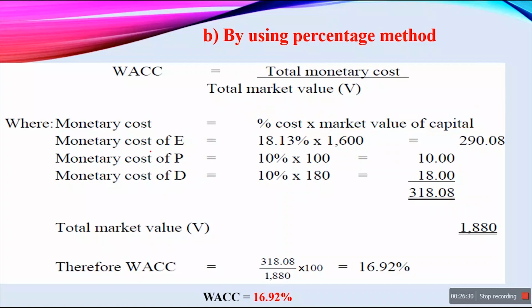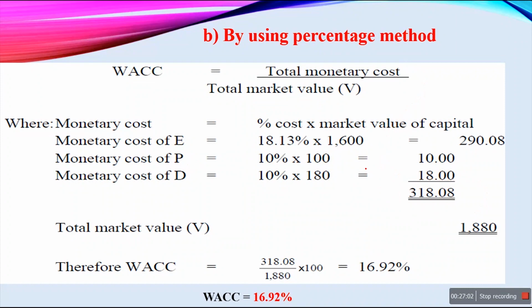The monetary cost of equity is given by the cost of equity, which was 18.13%, multiplied by the market value of equity, which was 1,600 million. That will give us 290.08. The same way, you calculate that of monetary cost of perpetual preference shares as 10% of 100, which is 10. Then you add them up to get 318. So 318 here is the total monetary cost.